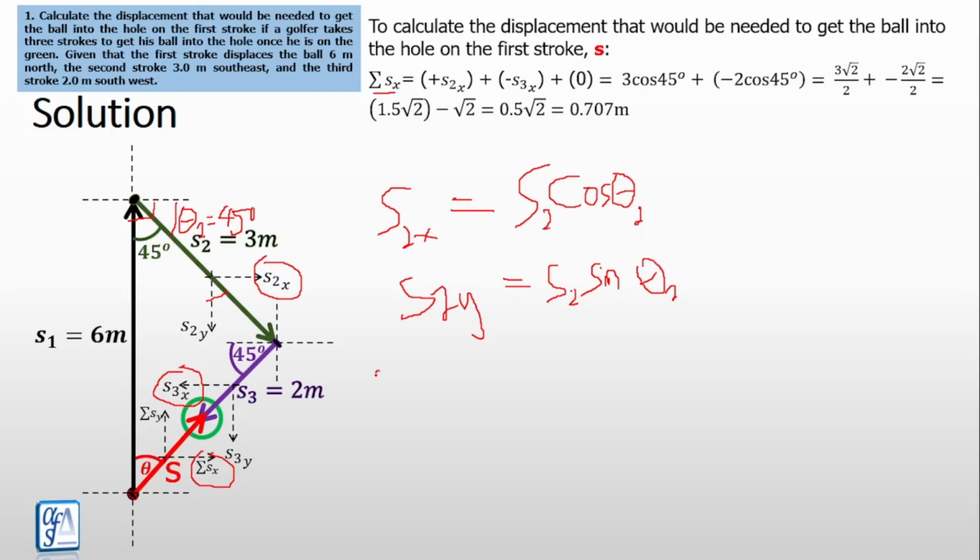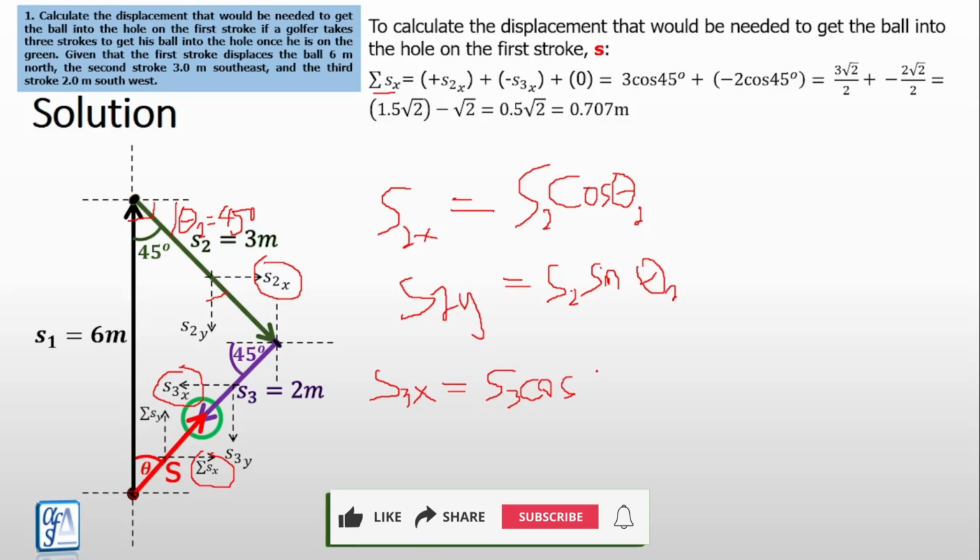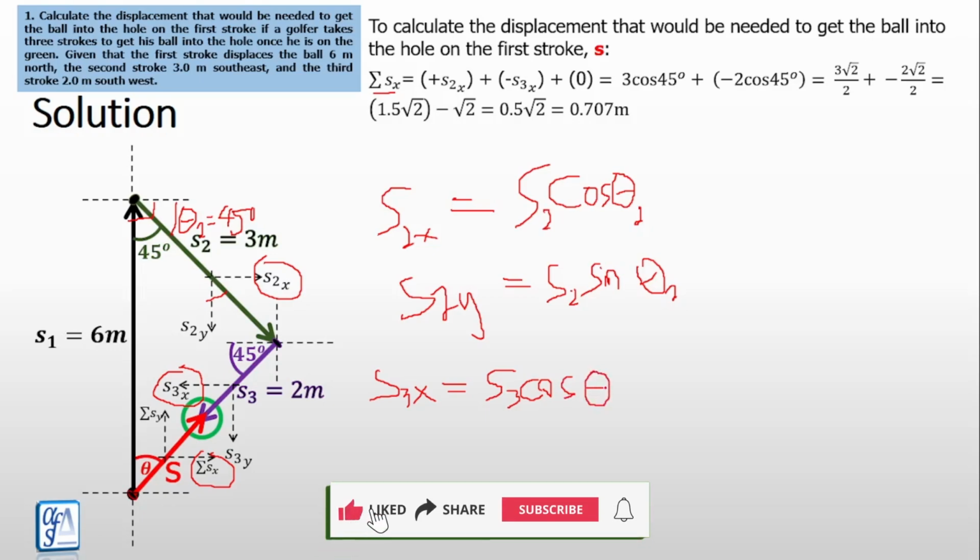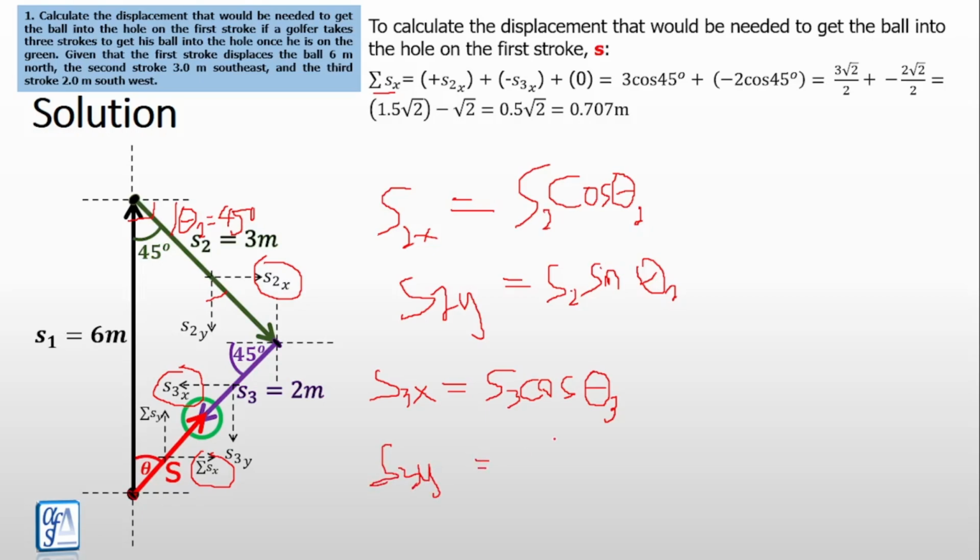So S3x will also be equal to S3 cos theta. Don't forget, here theta is the horizontal inclination of S3, so theta 3. And S3y will equal S3 sine theta. That's theta 3.